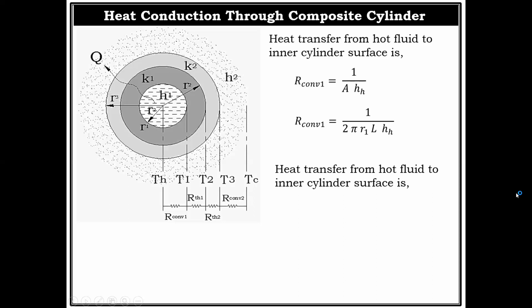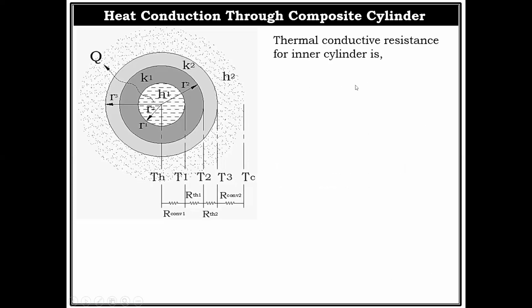Now considering the outer surface convection part, R convection 2 is 1 upon area into HC, but this area is different as it is the outer surface area, so it will be 1 upon 2 pi R3 L. This is the total outer surface area from which heat is convected out to the surrounding fluid, multiplied by HC, the cold fluid convective coefficient.